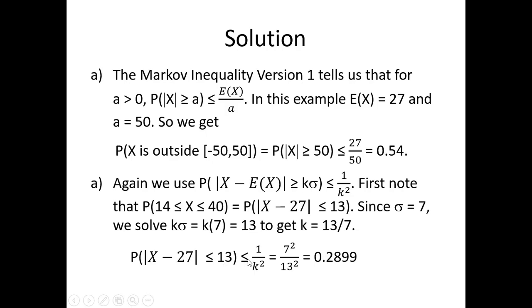We know that'll be less than or equal to 1 over k squared. So we're looking at 1 over this fraction, 13 over 7 squared. So again, we sort of flip the fraction in the denominator, and we get 7 squared over 13 squared, equals 0.2899.